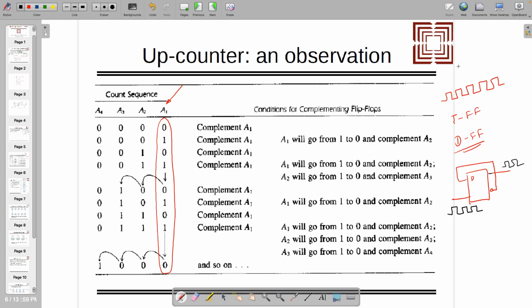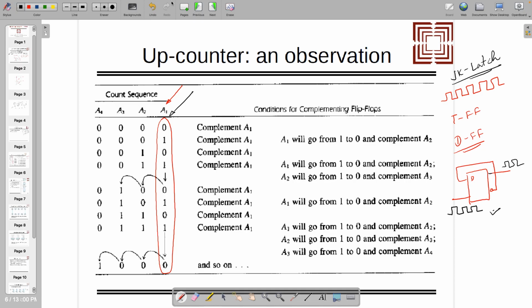By the way, what was given with JK does not require any kind of clock. Even without clock you can have continuously 1 0 1 0, and depending on the critical path and gate delay you can have the frequency of operation. So that way we can design it, but we'll choose this one. T has been designed from a D flip-flop. This way A1 is generated very easily for a given clock.